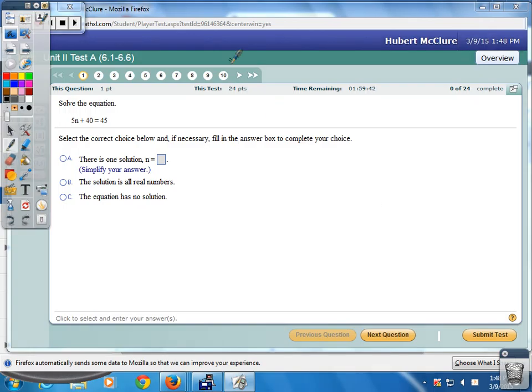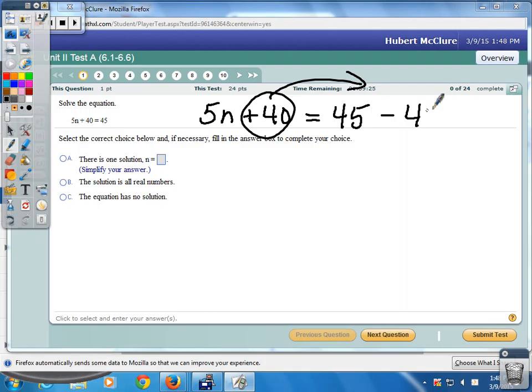No fractions, no anything. 5n plus 40 is equal to 45. We don't have to move the little bucket. We just have to move 40 across the river. 5n is equal to what? And n is equal to, please don't mess that up. Okay?